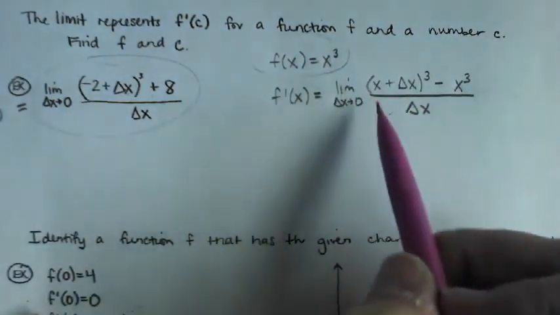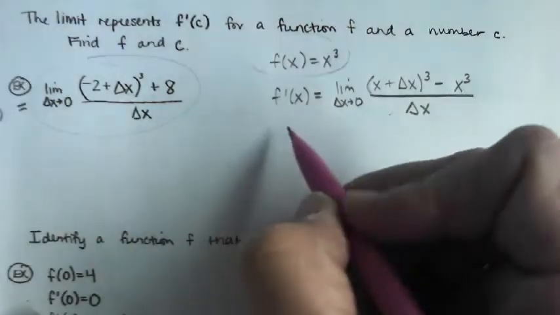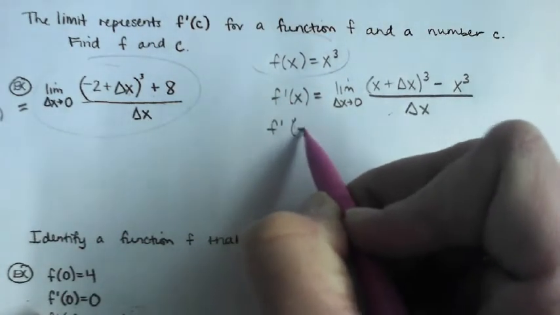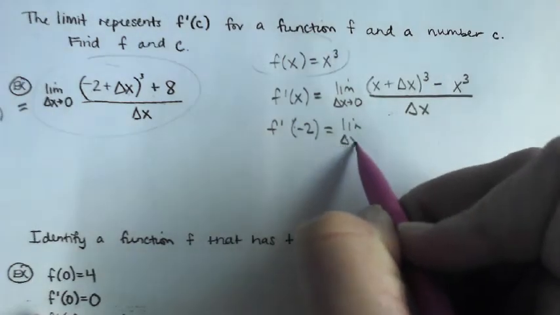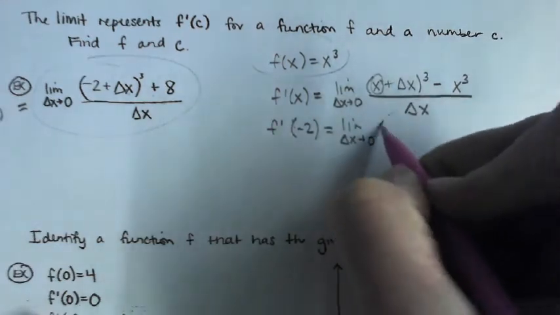That would be my derivative formula. But this is specifically asking us to find the derivative at negative 2, so I'm just replacing my x with negative 2, which is why that is a negative 2.